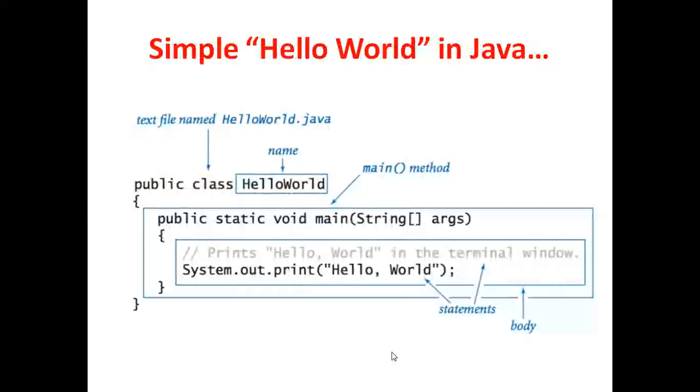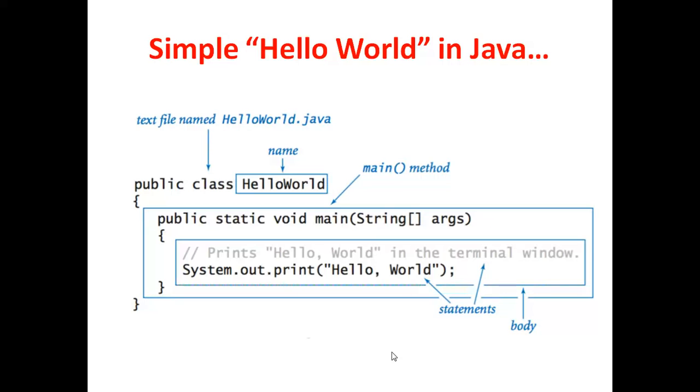We'll see a simple example of how to write a simple Java program, which is Hello World. In this, you can see I've written public class and the name of the class is HelloWorld. It is written as public, which is an access specifier, and this class is a public class.